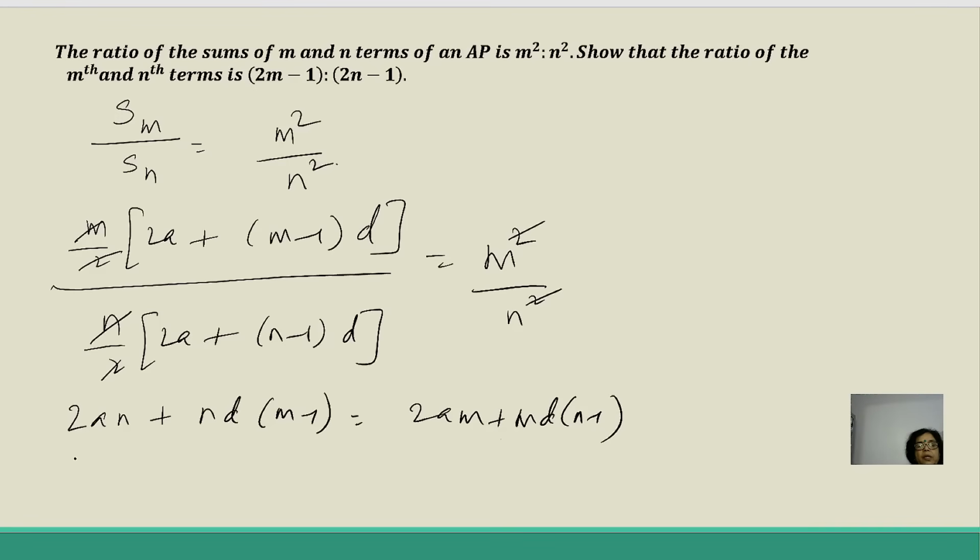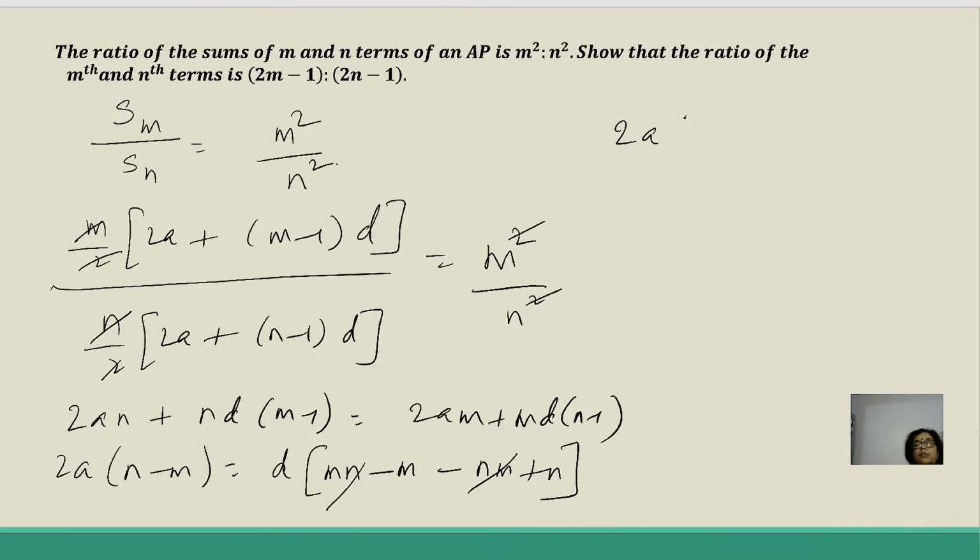Now transferring these terms together, 2a into n minus m is equal to, taking this to the right hand side, we are left with taking d common, mn minus m, and this will become minus nm plus n. So this gets cancelled. Now 2a into n minus m is equal to d into n minus m.